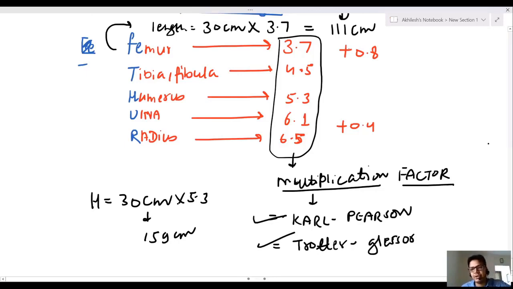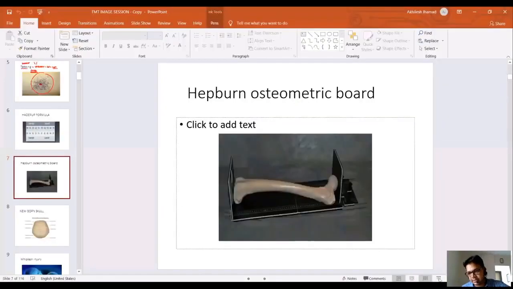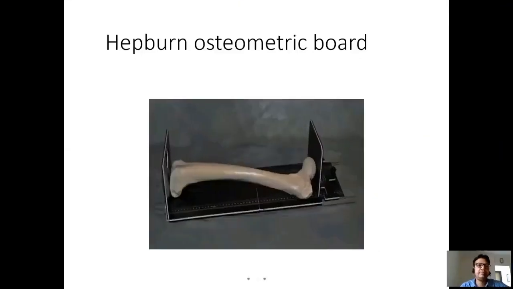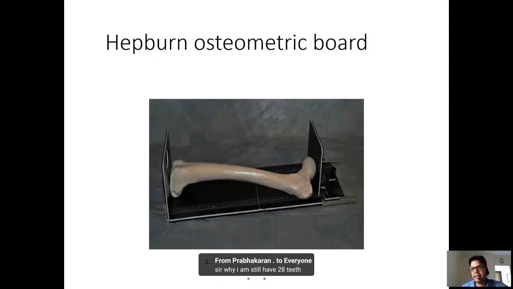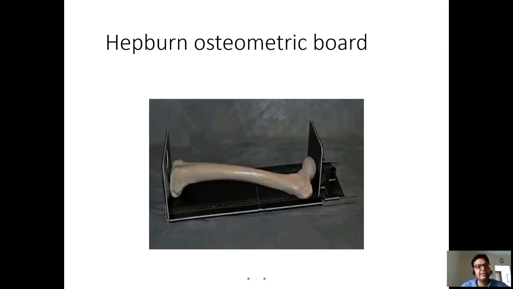Doctor, I will show you some pictures. Okay. Sir, this is the Hepburn osteometric board. Prabhakaran, why do you have 28 teeth? There may be some teeth which are not erupted, and also some problem of calcium.